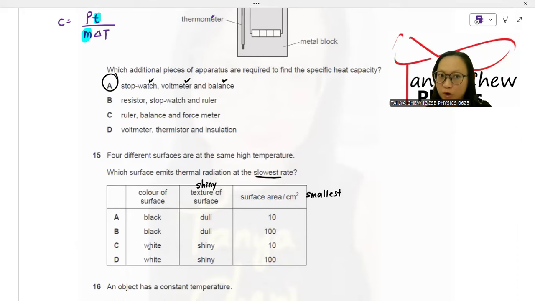They do not absorb the heat, so they do not have that much heat to be radiated. And the color of the surface cannot be black, but has to be white. Because black is the best absorber and the best radiator of heat. So smaller surface area, shiny and white. C is the answer.